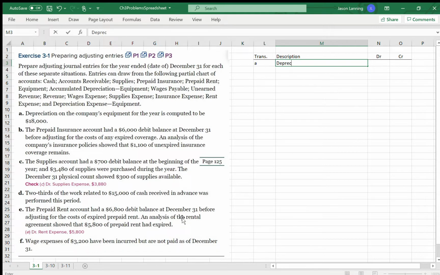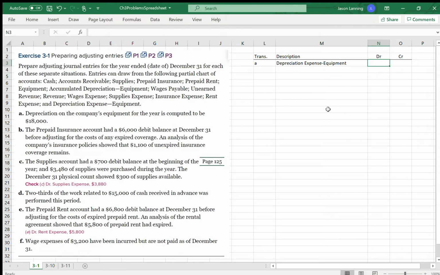So here we'll have depreciation expense for equipment, and that is $18,000.